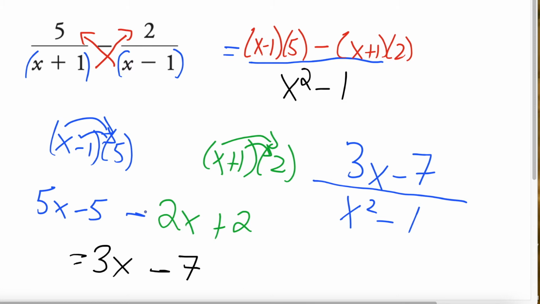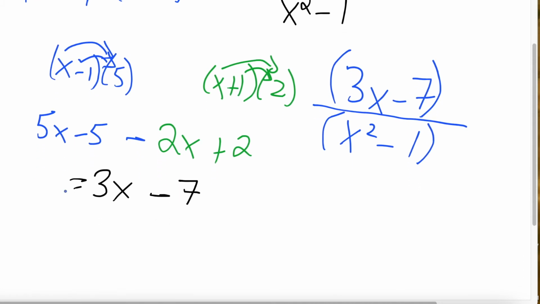Now, in this scenario, this is what the answer is equal to, but how do we find restrictions? Because one thing we have to remember is that this is one specific term, right? So 3x minus 7 is one term, and x squared minus 1 is one term. So what can we do to find the restriction?